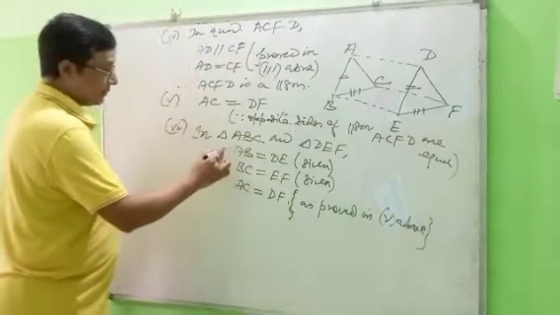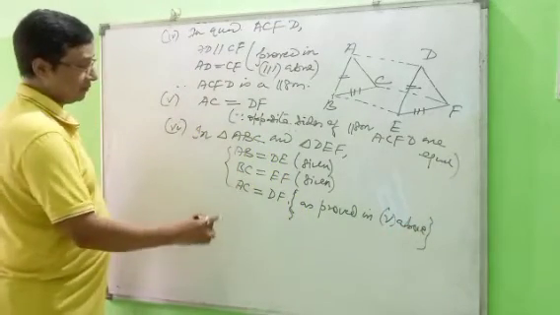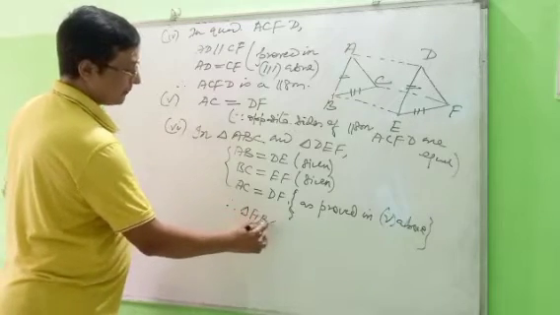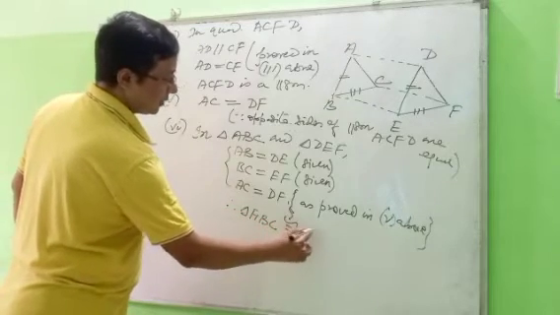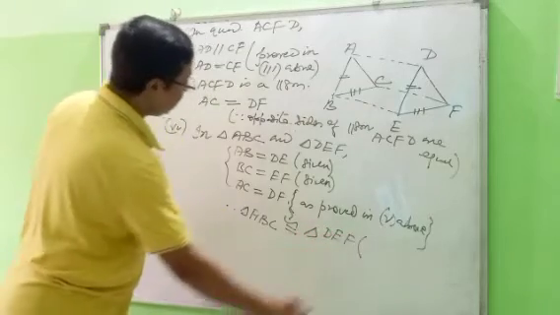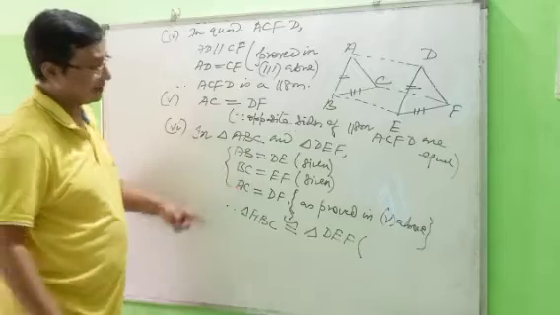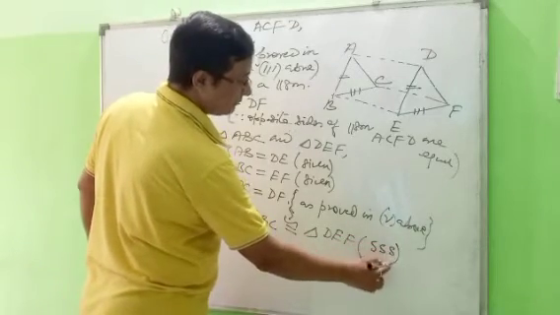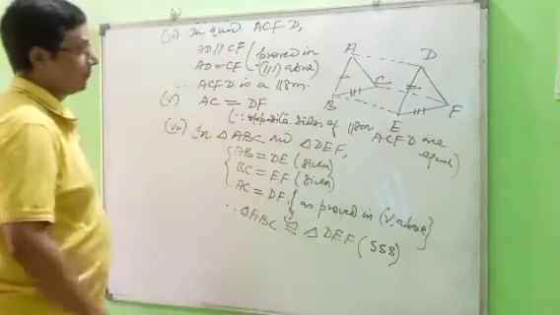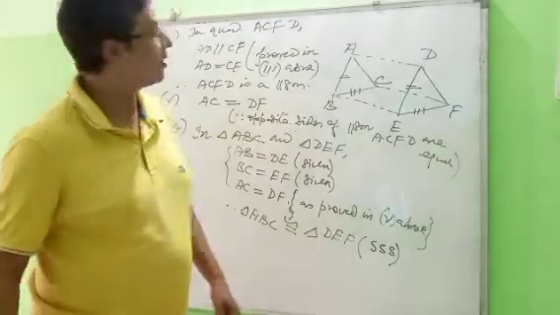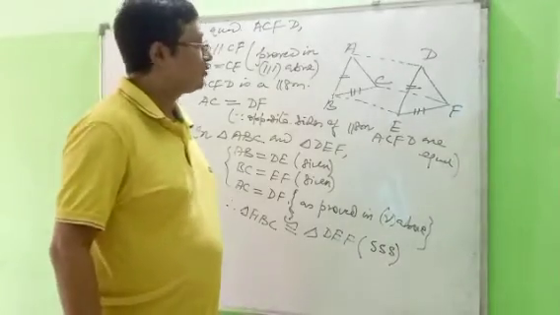So you have got the 3 conditions. Therefore triangle ABC is congruent to triangle DEF by SSS condition. In this proof, the main point is that you have made the quadrilateral into a parallelogram.